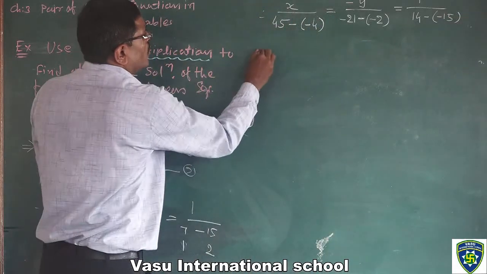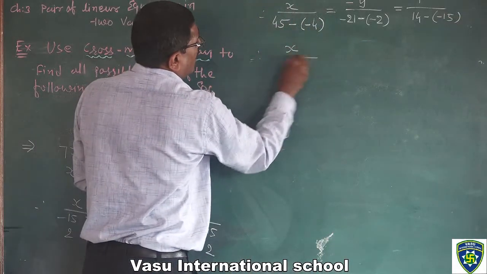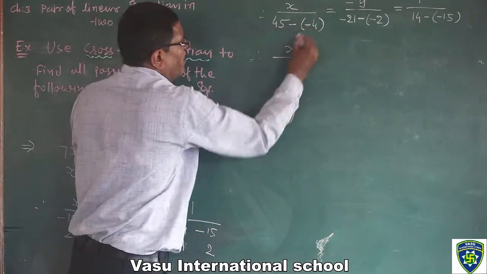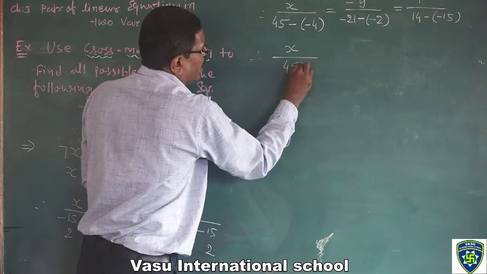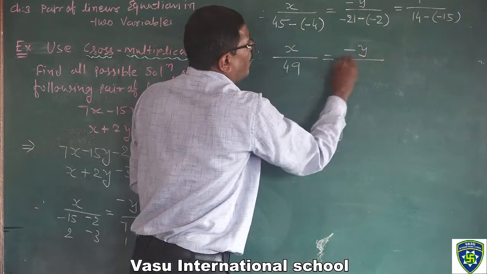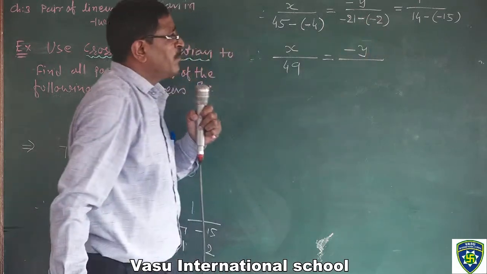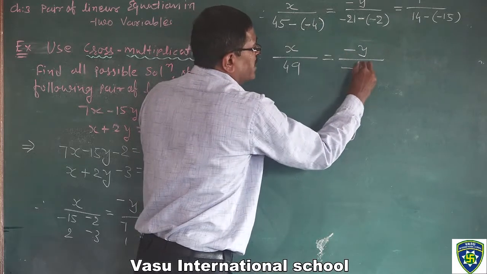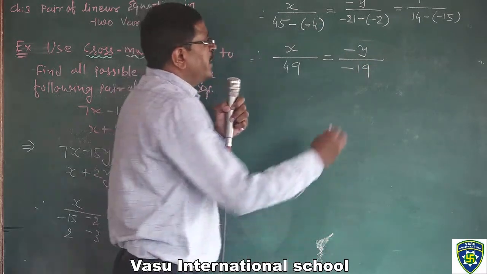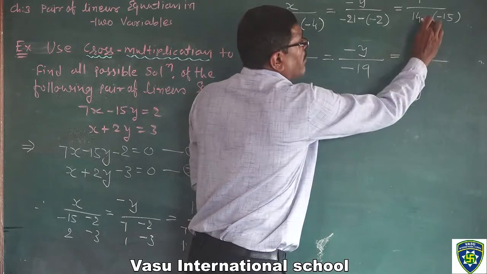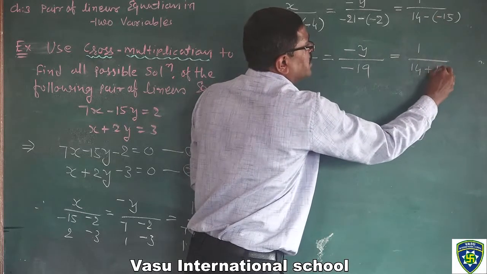Clear, student? So now x upon, minus into minus becomes plus, 45 plus 4, 49, is equal to minus y upon, minus into minus plus 2, minus 21 plus 2, minus 19 left. Clear? Is equal to 1 upon 14, minus into minus, plus 15.